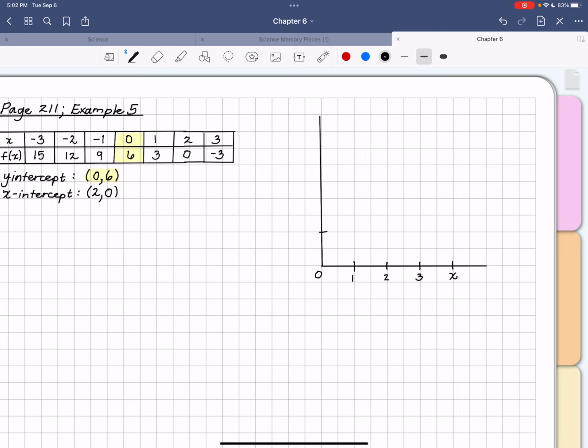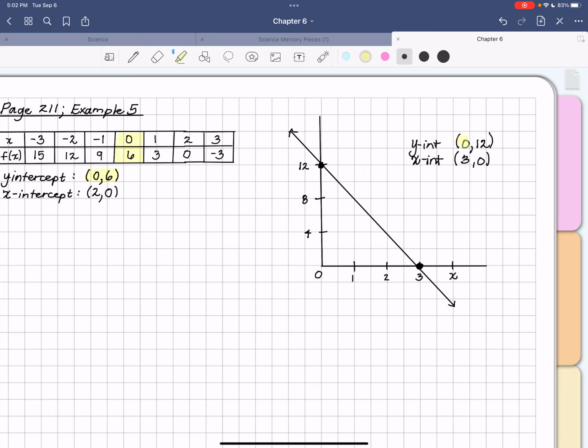And then on this one we have 4, 8, 12, and we have a point here at 0, 12, and a point at 3, 0. And we have a function coming right down there. Okay, so on this one, the y-intercept is at 0, 12. The x-intercept is at 3, 0.